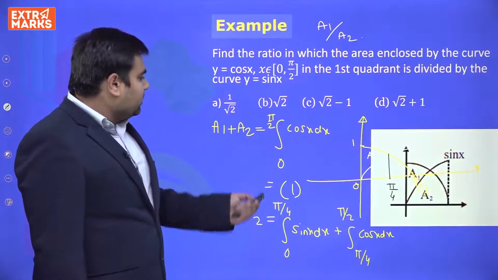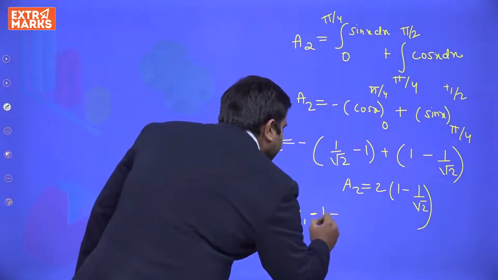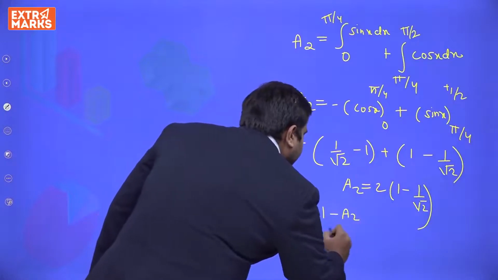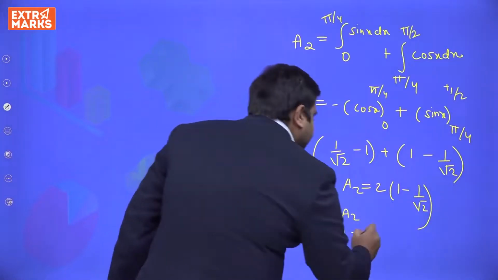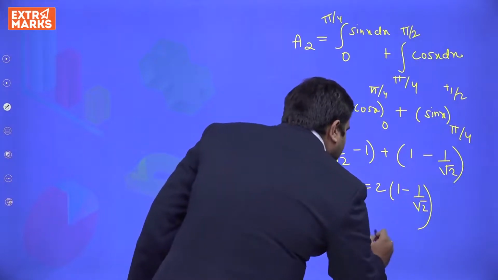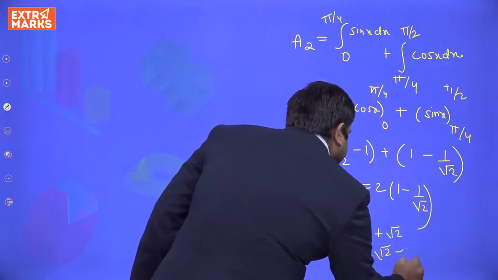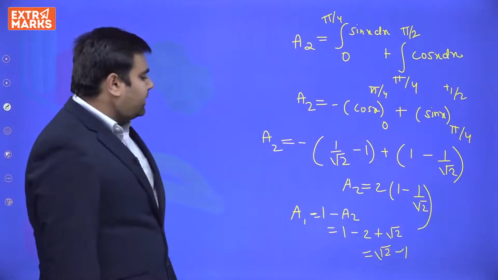Now let's find a1. a1 is 1 minus a2, which is 1 minus 2 minus 2 by root 2. So this would be plus root 2, so this is root 2 minus 1.